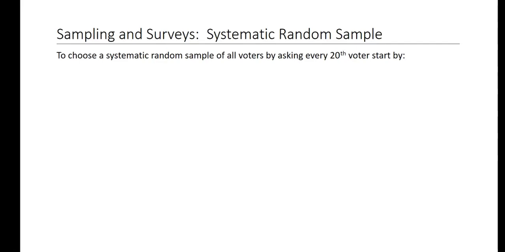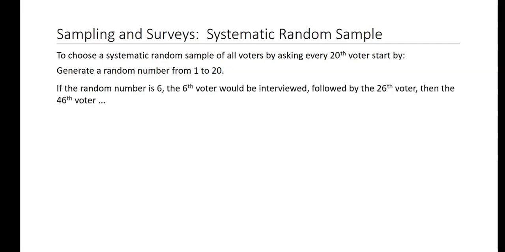So you choose by asking every 20th voter that goes by. Usually on the very first decision, you wouldn't start with the 20th. Usually you randomly use a randInt or some way to randomly choose a number from 1 to 20. Start with that voter, like maybe the 6th voter, if that was the number you chose, and then systematically go by 20s after that.